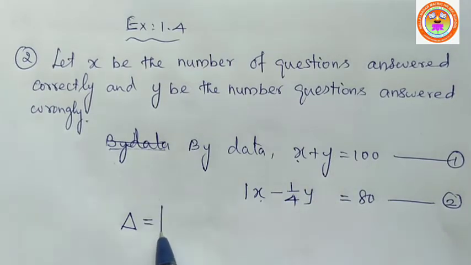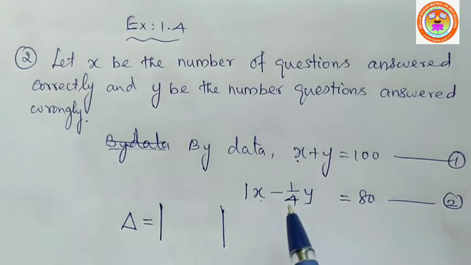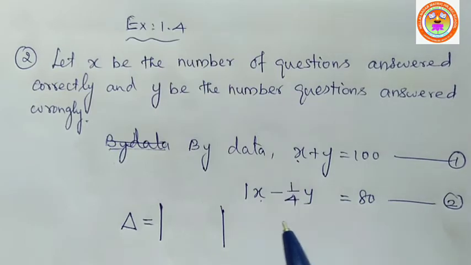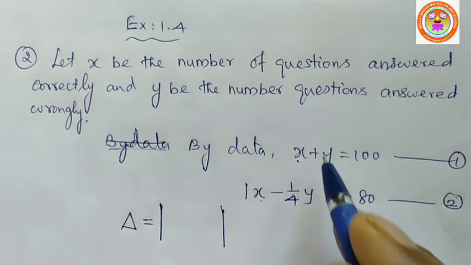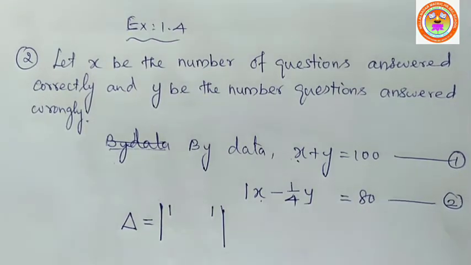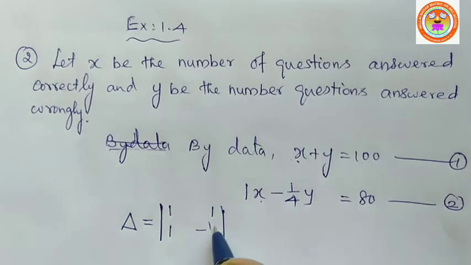We write the coefficients of the variables x and y inside the 2 parallel bars. That means inside the determinant we write the coefficients of x and y. So the coefficient of x is 1, here also 1. So 1, 1. Here the coefficient is 1, here minus 1/4.